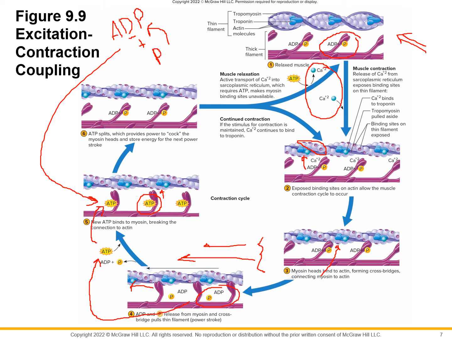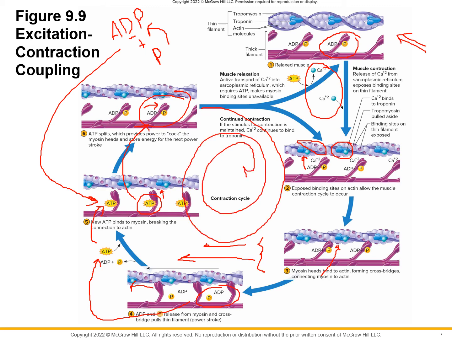And when that happens, ATP breaks down into ADP and phosphate, causing the myosin heads to go back to their original shape. Now, as long as calcium is still bound to troponin, that means the actin site is still open for the myosin heads. So this cycle just repeats over and over again.